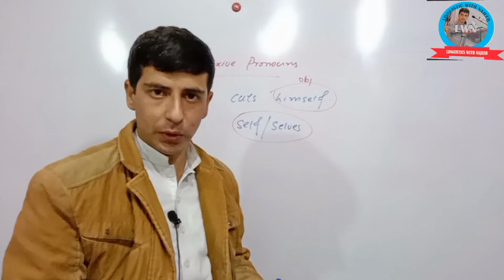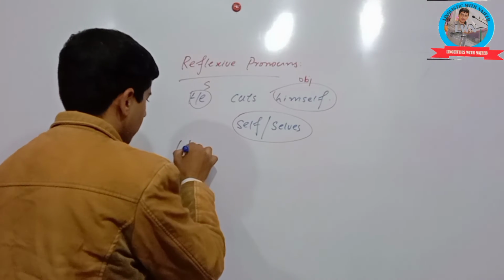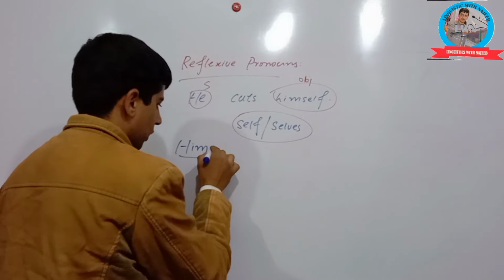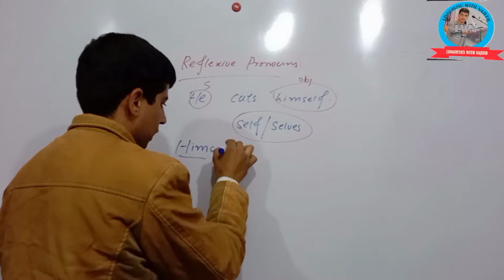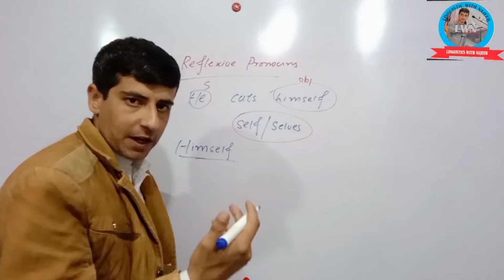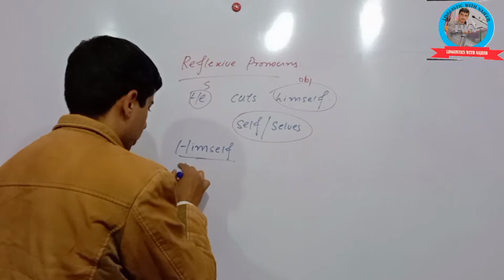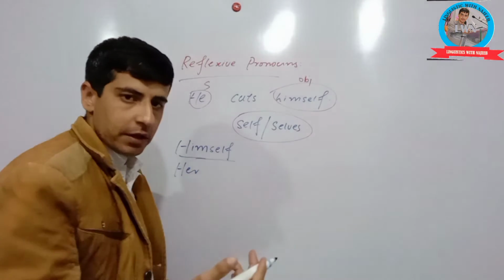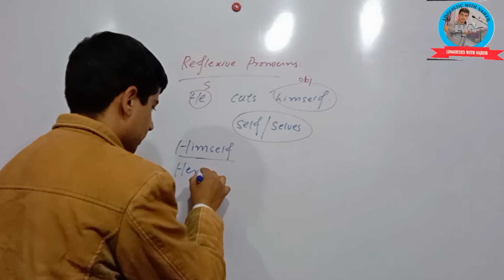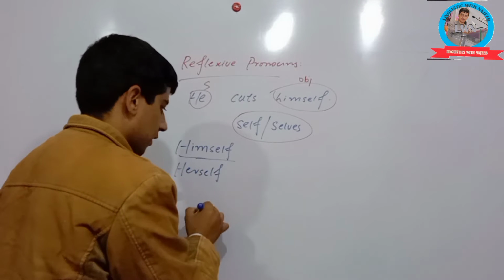For example, there is him. If we add with this object pronoun self, it's gonna be himself, and that's gonna be the reflexive pronoun. Her, her is the possessive adjective case, and if we add here self, it's gonna be herself.